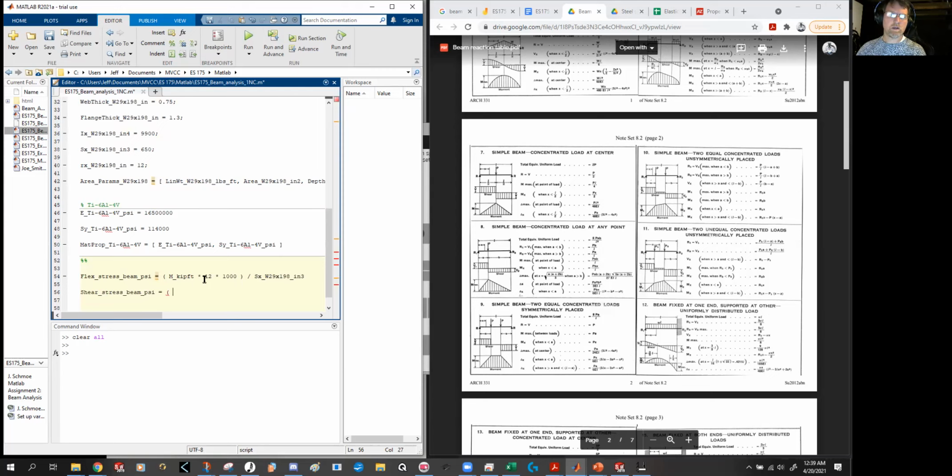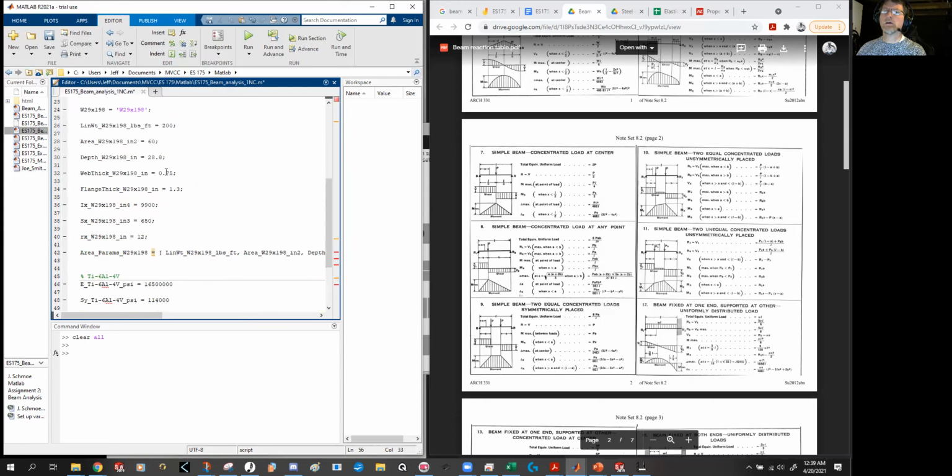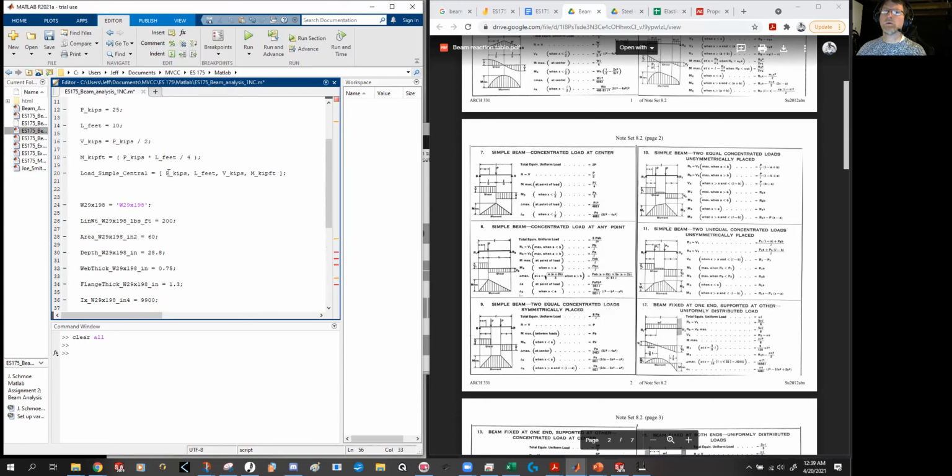So I can just use 1.5 times, the 1.5 from 3 halves, so 3 over 2, times the V. So I want to multiply it times this, V in kips.